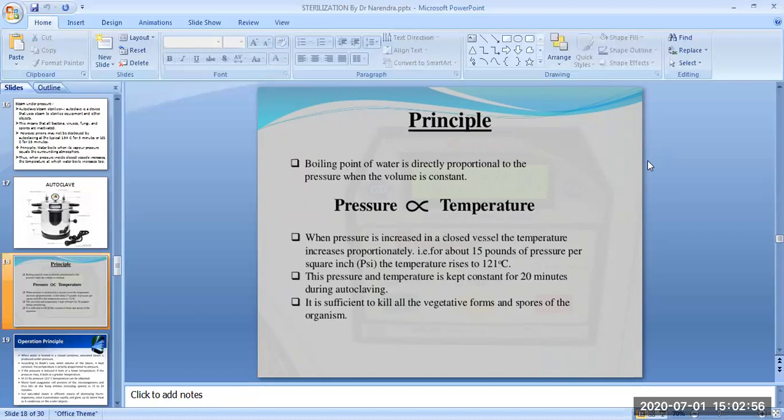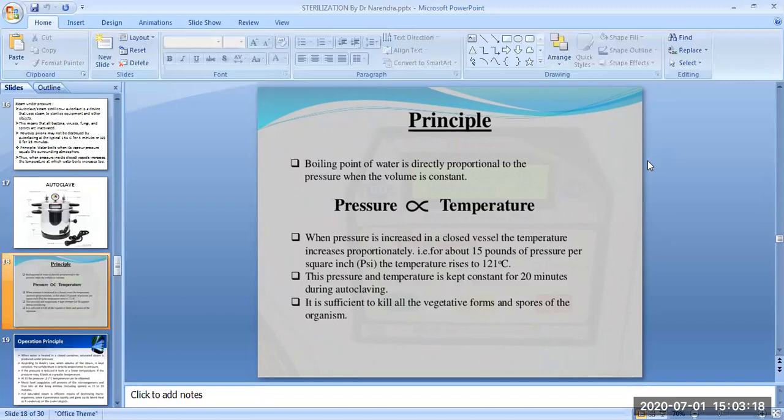Pressure is directly proportional to temperature. When pressure is increased in a closed vessel, the temperature increases proportionally, to about 15 pounds of pressure per square inch at a temperature rise to 121 centigrade.